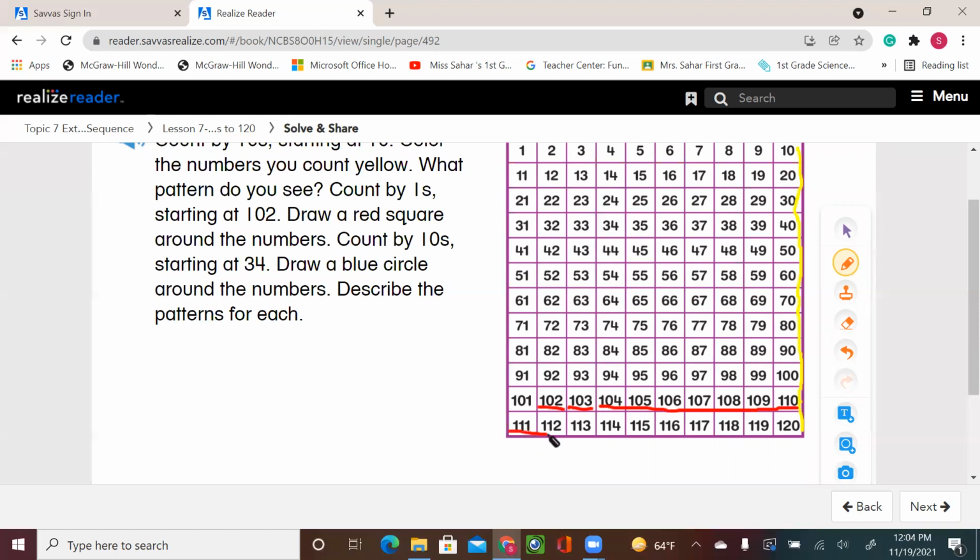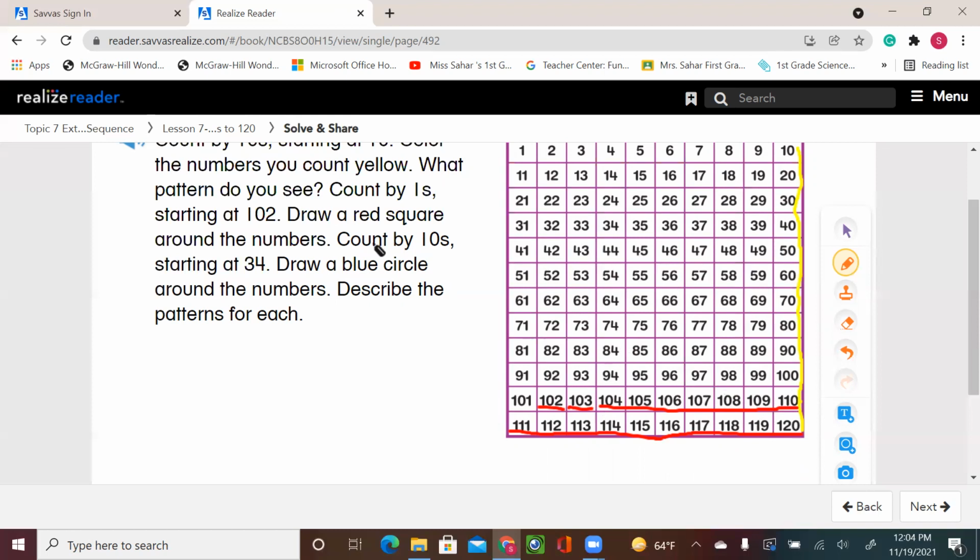Continue all the way to 120. So 111, 112, 113, 114, 115, 116, 117, 118, 119, and 120. All right. As you see, we're counting here by ones. So I'm just going toward the right.